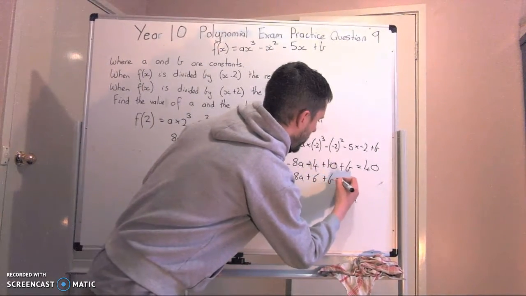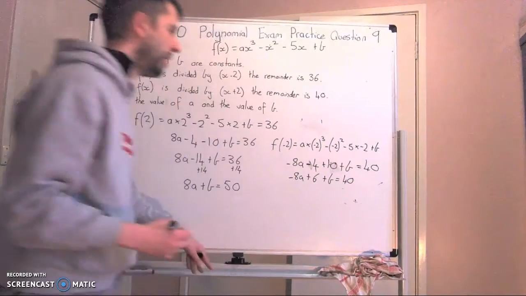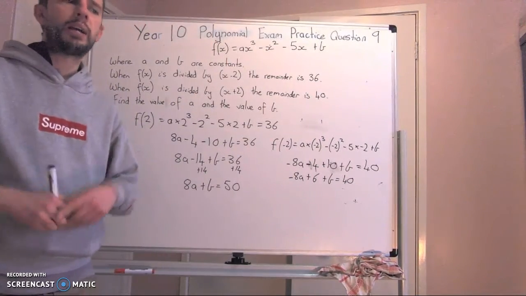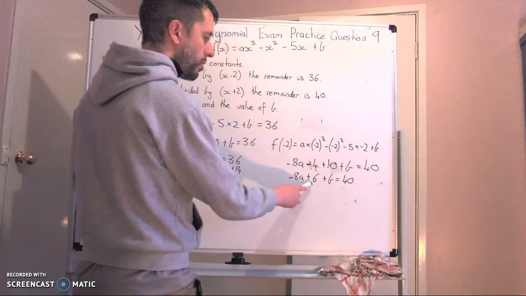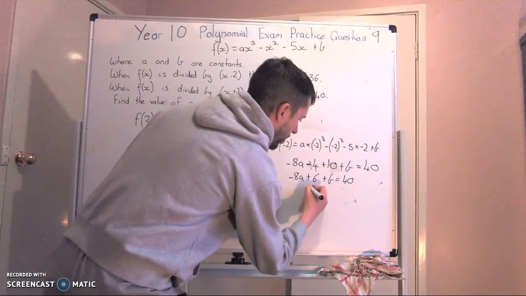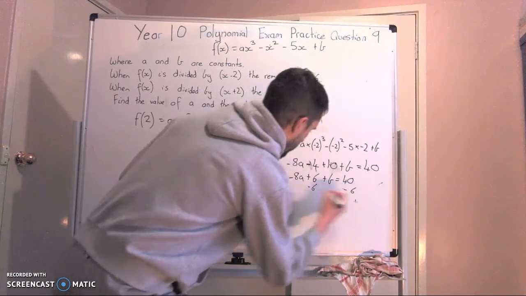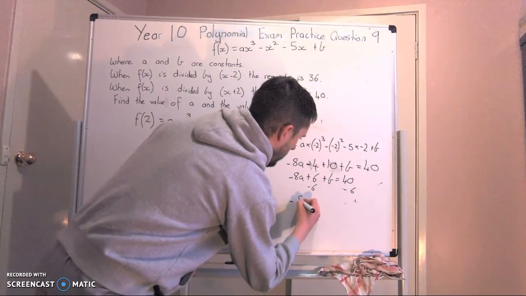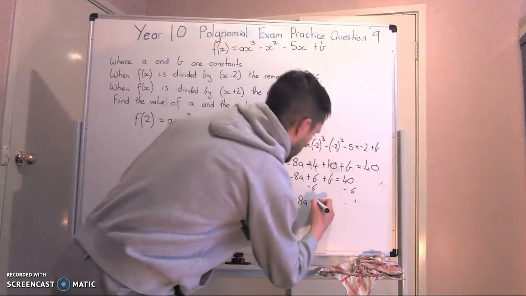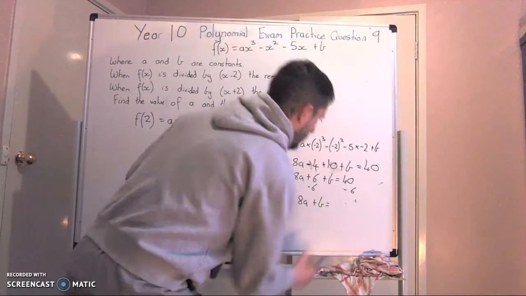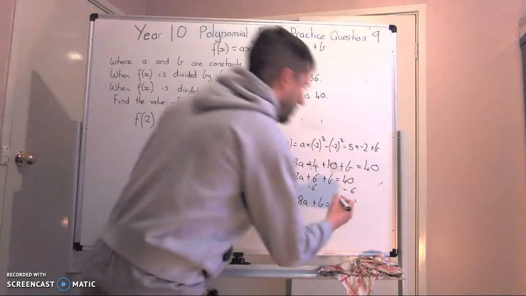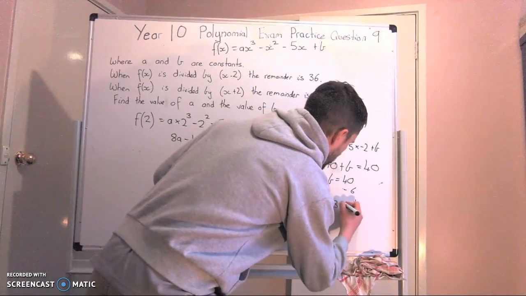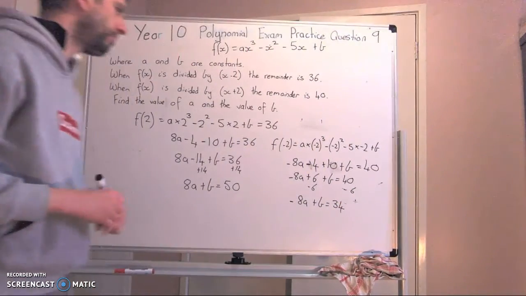And then plus b is equal to 40. Again, I would like my constants to be on one side. So to do that, I'm going to take away 6 on both sides. And that gives me negative 8a plus b is equal to 40 take away 6, which is 34.